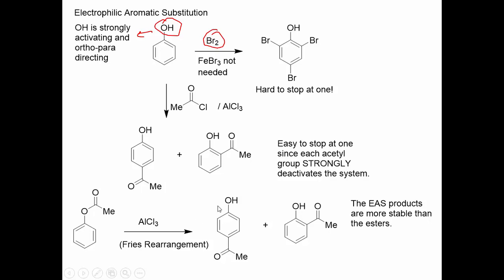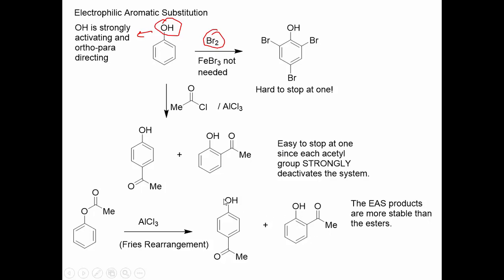It's as if you were basically doing the electrophilic aromatic substitution of phenol itself. Okay, and the reason for this is because the electrophilic aromatic substitution products are more stable than the esters.